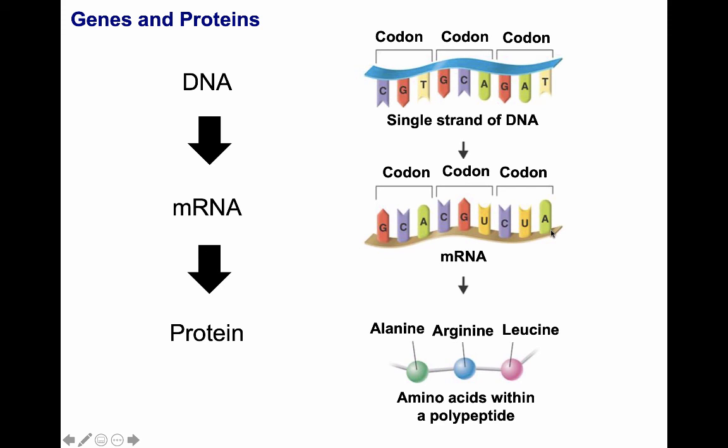Messenger RNA, a very similar molecule, would be able to carry that sequence information out of the nucleus to the ribosomes where proteins are made. And then that messenger RNA information is translated into the sequence of amino acids in a protein, with each triplet, each codon, being specific for a particular amino acid in a protein.